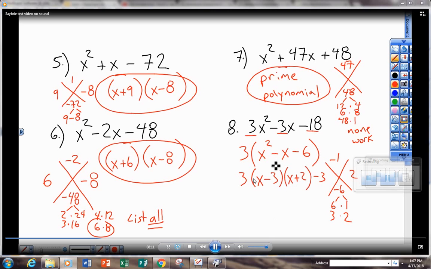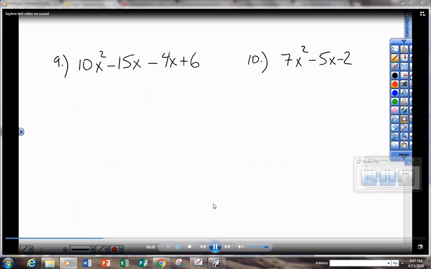But remember to put that 3 out front. You will get this wrong if you forget to put that 3 out front. So a little easier way. And of course, you could always write those in a different order, x plus 2 and x minus 3. But again, take that number out first if you can, but make sure you write it in the answer.